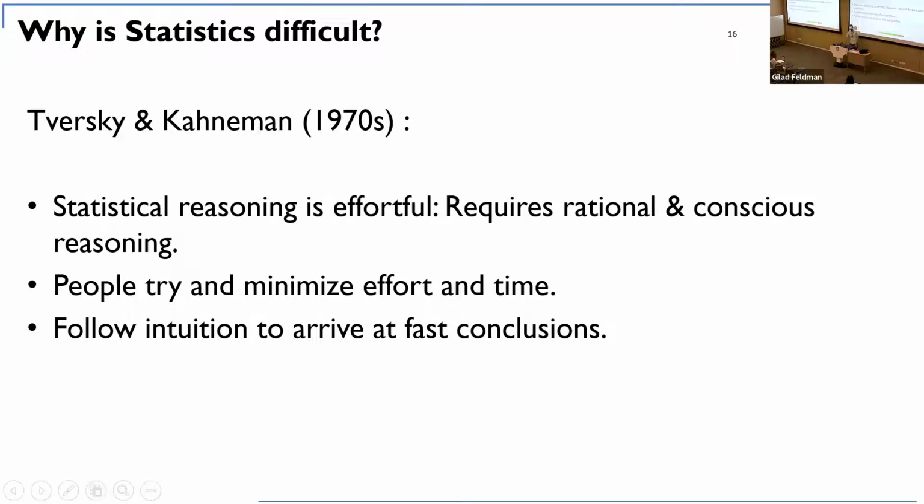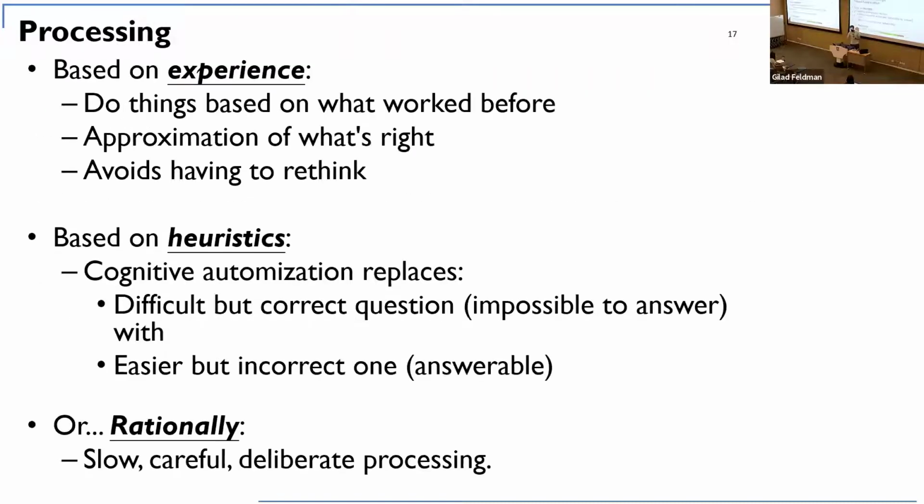They made the differentiation between effortful, deliberative thought and intuitive, effortless thinking. I'm going to show you some examples of how sometimes we base things on our intuition rather than doing the more effortful thing.